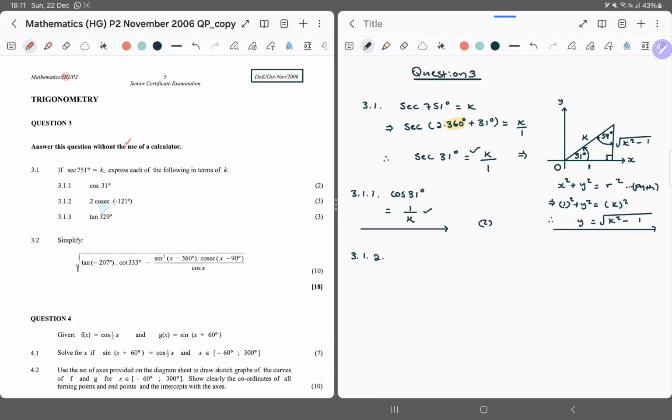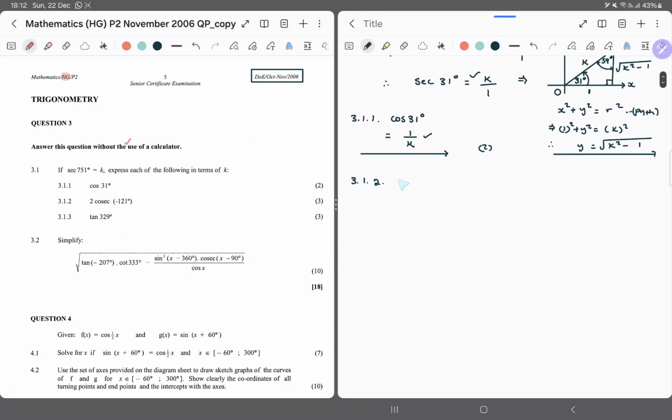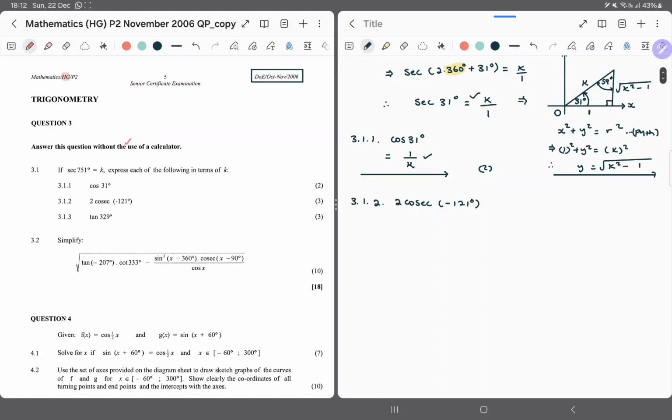3.1.2 says we need to solve 2 times cosec of minus 121 degrees. Okay, now here, once we see negative angles, whether you add 360 or whatever, it doesn't really matter.